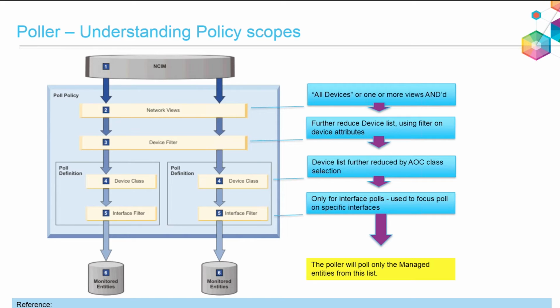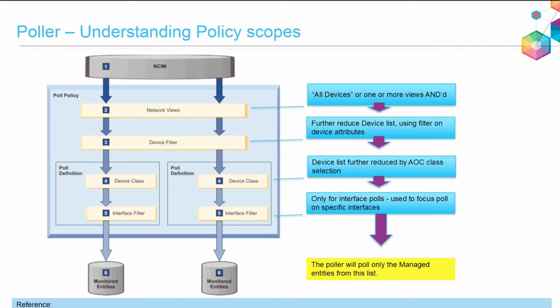First, when you're setting up policies, you're all aware that the topology includes who you're going to poll, that's the scope of it, the network views, and so on; what you're going to poll, that's the poll definitions; and when you're going to poll.